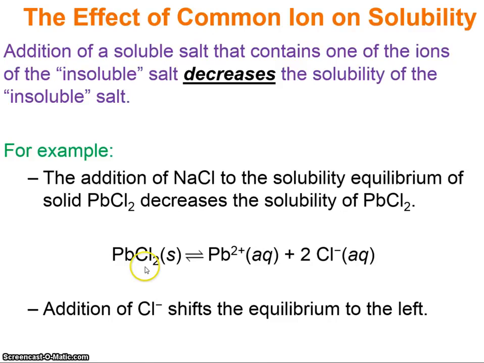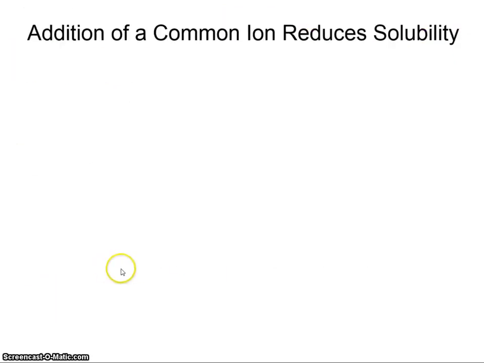If it goes this way, I've decreased the amount of lead that I've put into solution. And that's one way that you can help remediate wastewater. I'm going to add some common ion, precipitate this lead chloride out as a solid, and decrease the amount of lead. Addition of Cl minus shifts the equilibrium to the left. Same thing if I added extra Pb, it would shift it to the left. Addition of the common ion just reduces the solubility.